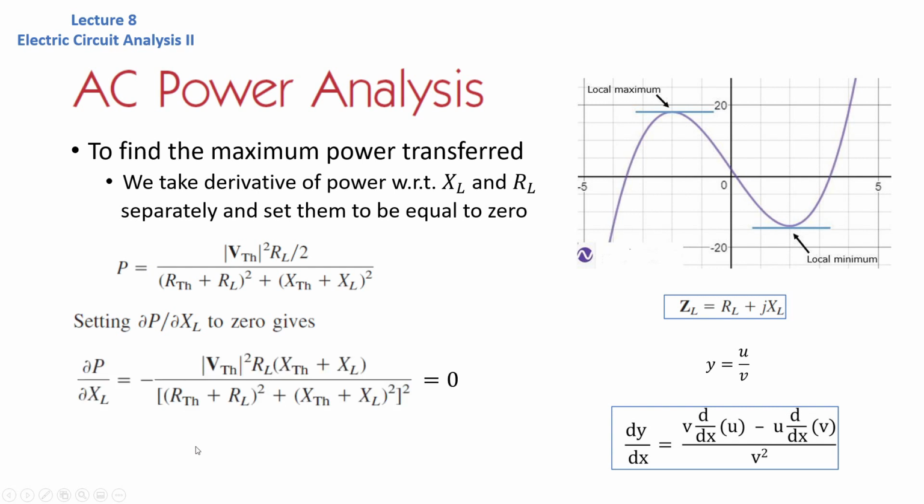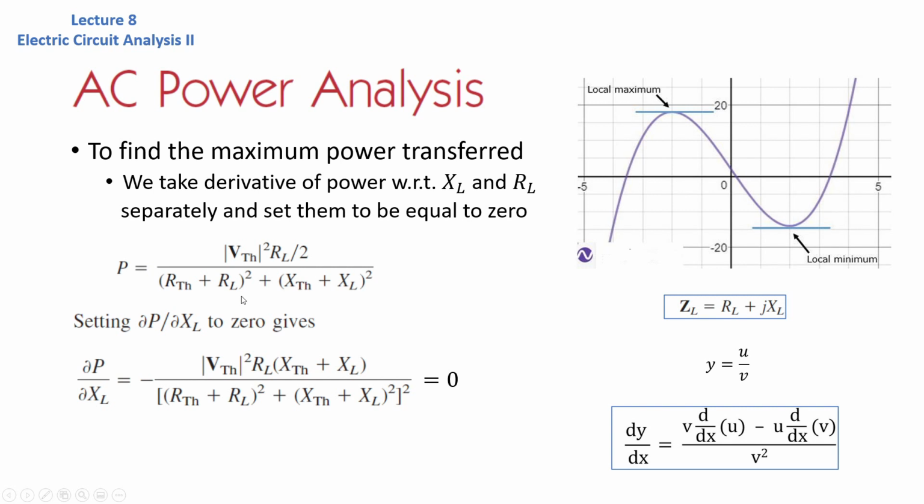So in this part, we write u as it is, that is the numerator, which is V Thevenin squared RL by 2. We write this part as it is, and we take the derivative of the denominator, which, as you can see, has two parts.